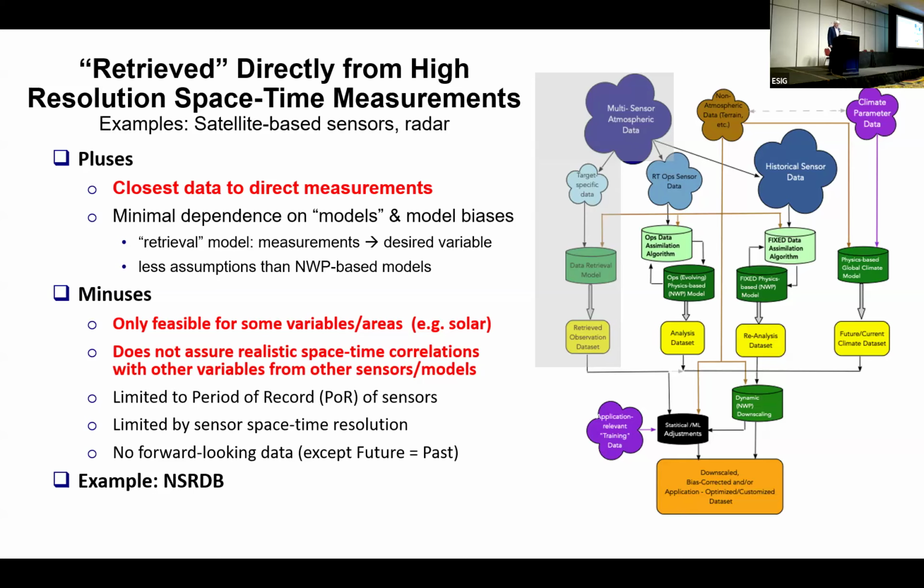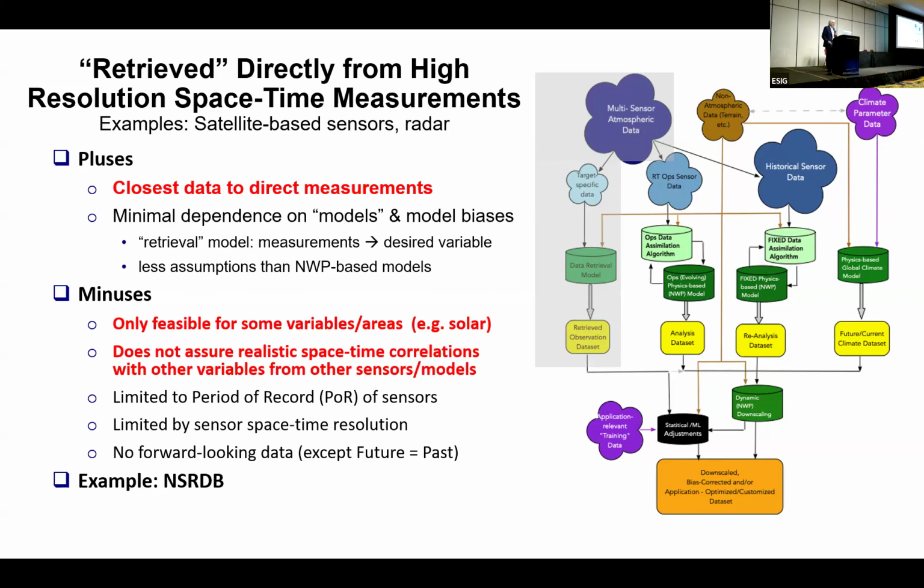So as you can see on the flow chart there, you use some type of retrieval model that transforms from the raw data that you measure to what you want to know. For example, surface solar irradiation, you measure satellite radiance in different channels.